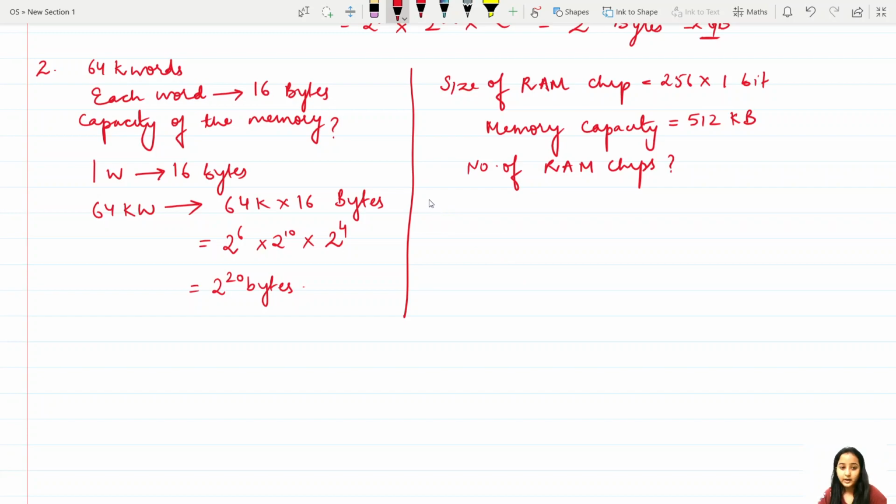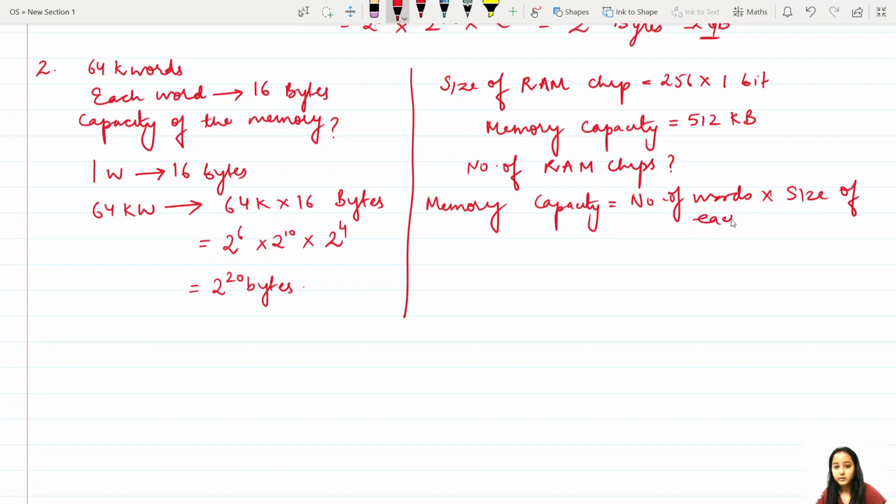So we know that the memory capacity equals the number of words multiplied by the size of each word. We know this formula.